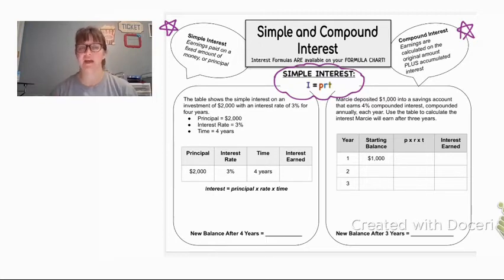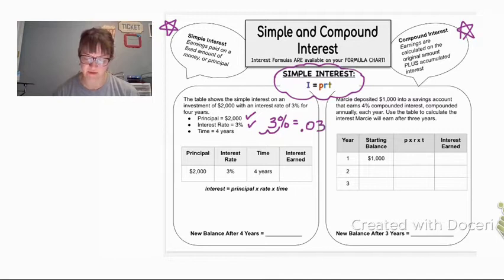T is time, and that will typically be years. So in this example with simple interest, it says the table shows the simple interest on an investment of $2,000 with an interest rate of 3% for 4 years. So our principal is $2,000. Our interest rate is 3%, but remember, before we can calculate with that, we've got to move the decimal 2 to the left. So when we calculate, we'll have 0.03, and then our time is 4 years.